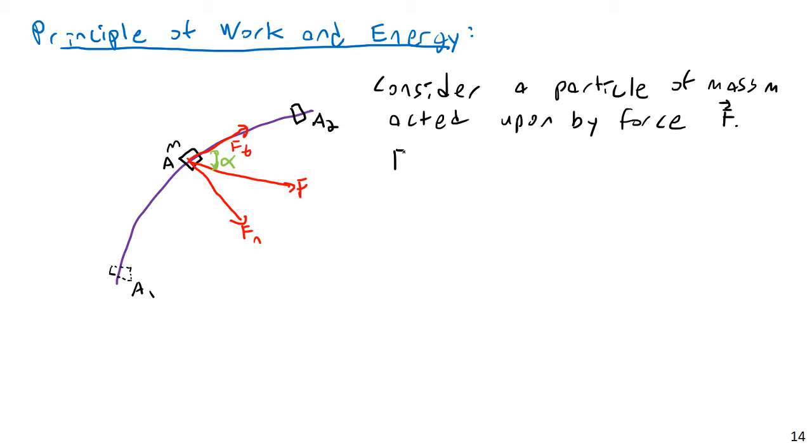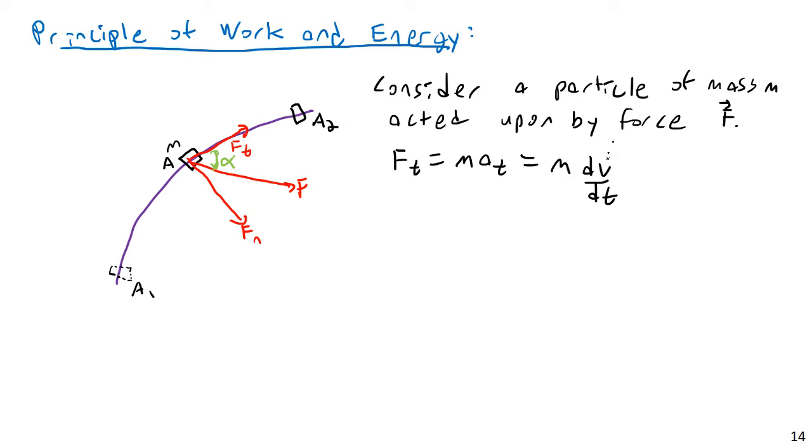The tangential component of this, of course, is going to be mass times the tangential acceleration, which we've seen in the previous chapter, or m dv/dt. The tangential force is what produces a change in velocity, or a change in the speed anyway, I should say.